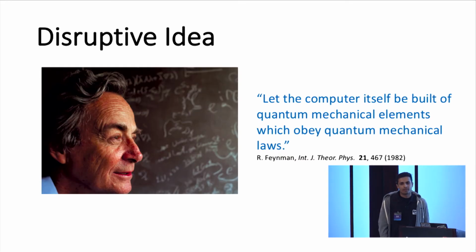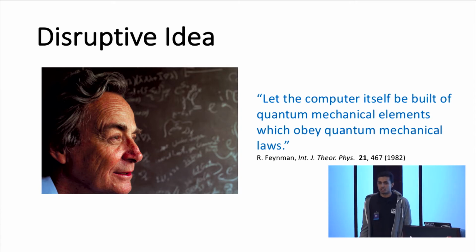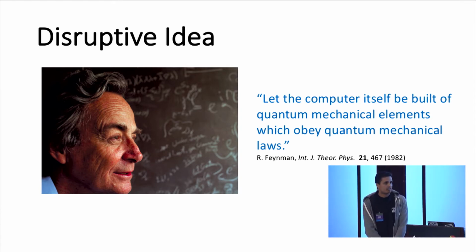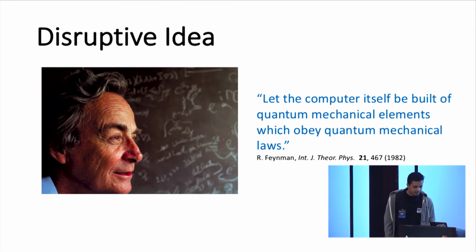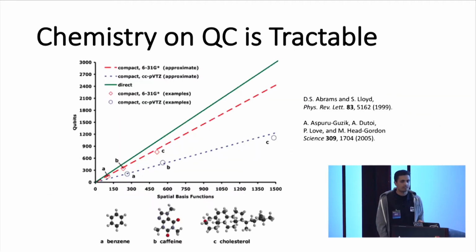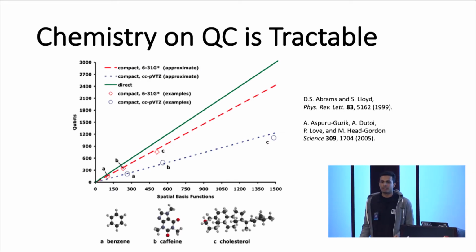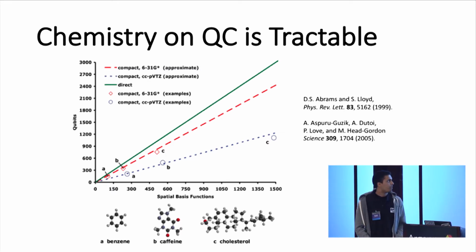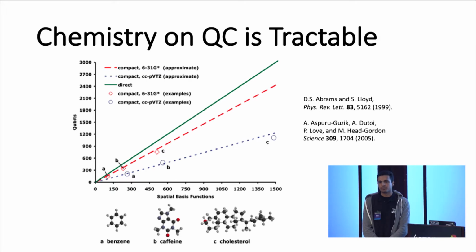And Richard Feynman had this disruptive idea that is the foundation of quantum computation in 1982, that, hey, if we want to figure out the properties of quantum systems, we should run the problem on a quantum system. And that's what quantum computing is all about. And it turns out that this idea led to a lot of invention and algorithms, and we found that chemistry problems on quantum computers are tractable.